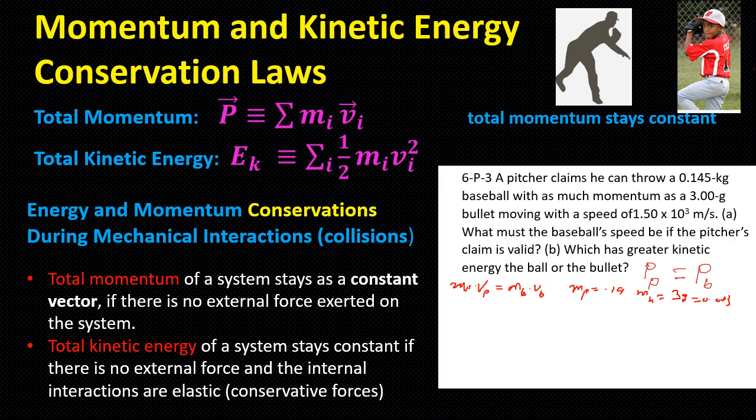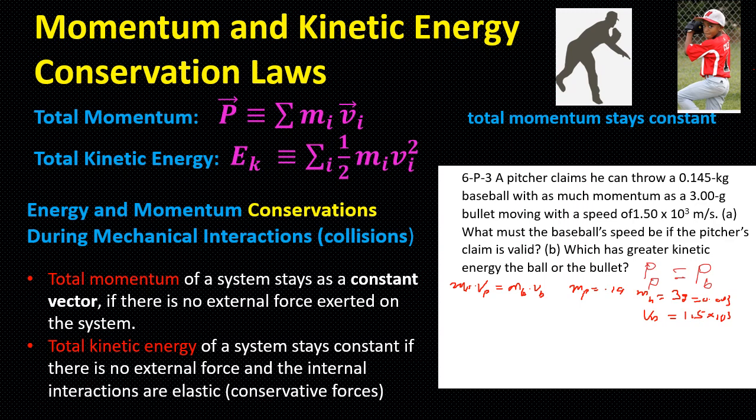And the bullet's speed is very high, but the pitcher doesn't have to throw it that fast because his ball is much heavier. So the speed of the bullet is known, 1.5 times 10 to the third. Three of these quantities in the equation are already known.